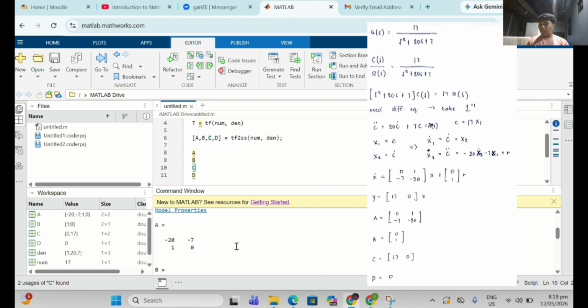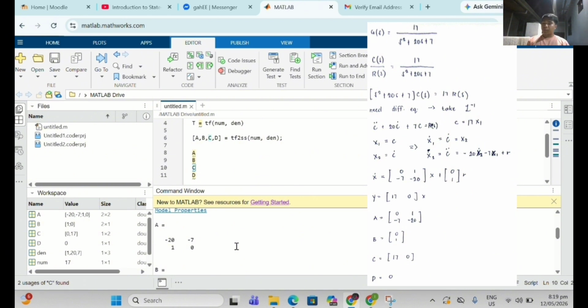We obtained 0, 1, negative 7, negative 20, while the MATLAB gave negative 20, negative 7, 1, and 0. The reason is that there are multiple companion form conventions. In some textbooks, our form is called the phase variable or the controllable companion form.